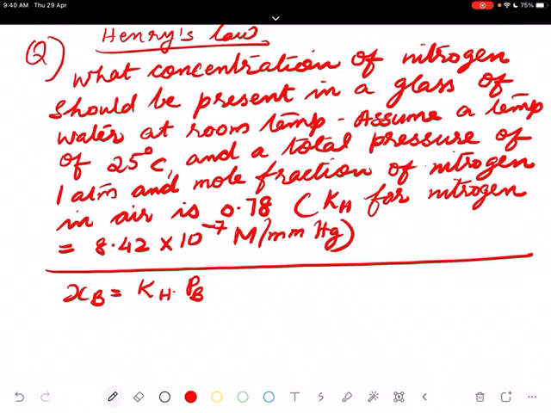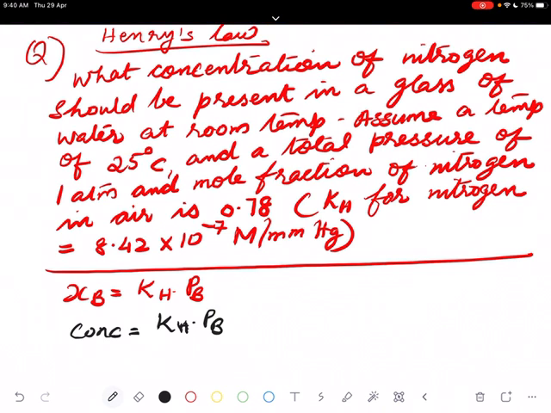Now you see, here there is one unit, molarity. That means concentration is taken not in XB, but in terms of molarity. So instead of XB, I'll be writing the concentration. Concentration is equal to KH into PB. What is the question?